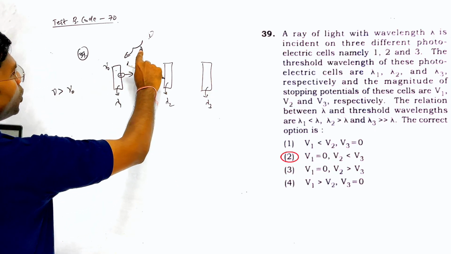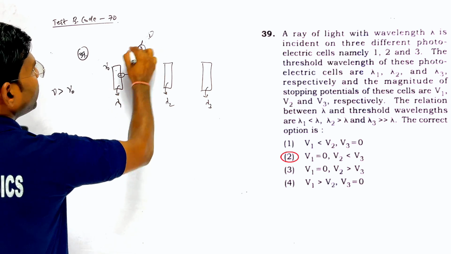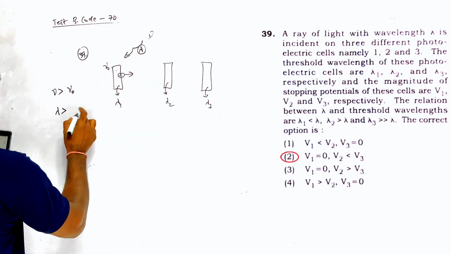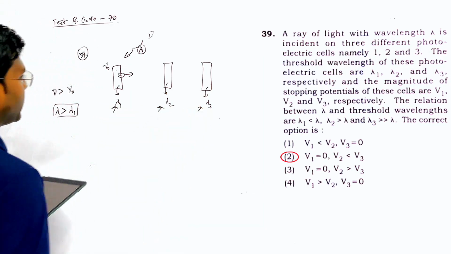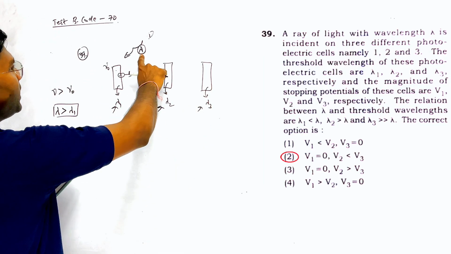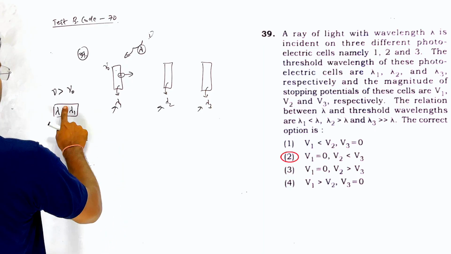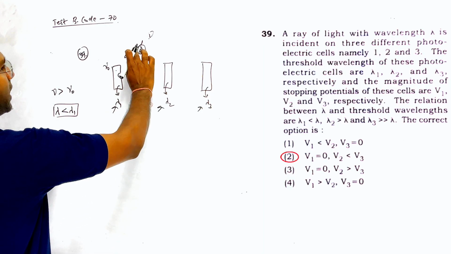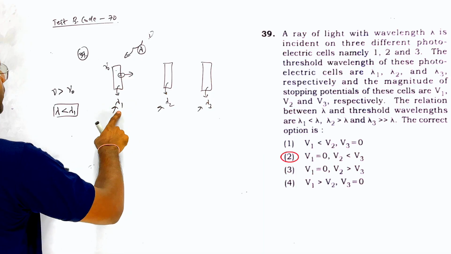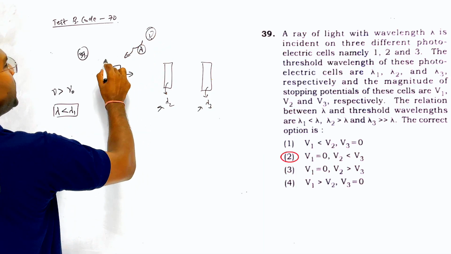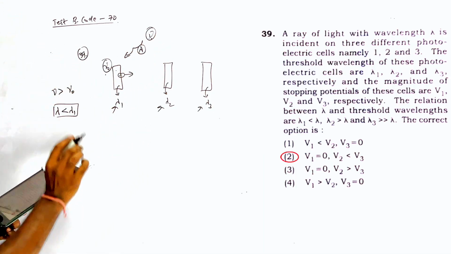So therefore, to emit the photoelectron, the incident wavelength must be less than the threshold wavelength, or the frequency must be greater than the threshold frequency. Is it clear or not?